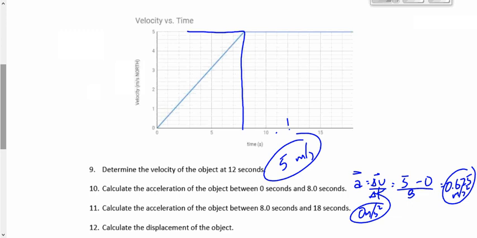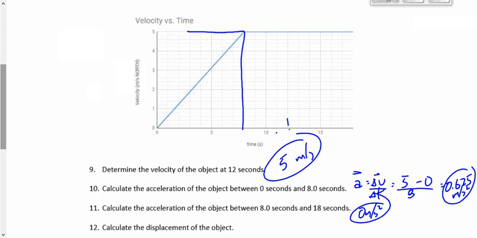Now, you could have said a is equal to delta V over delta T, but what would delta V be? 0. And 0 divided by time is 0. That's one that I wouldn't expect you necessarily to show your work. If you just recognize that that's a straight, flat, horizontal line, and that represents constant velocity, you could just write down the acceleration as 0 without showing work on that one.